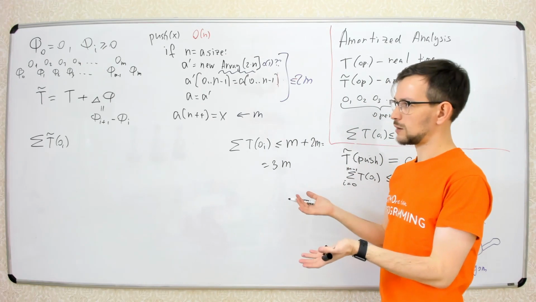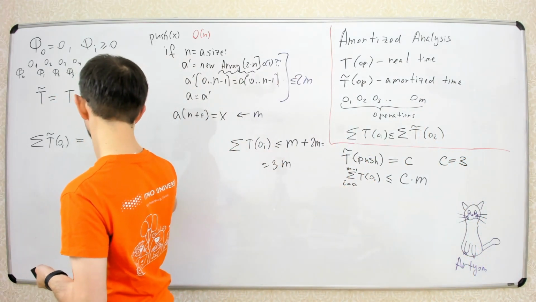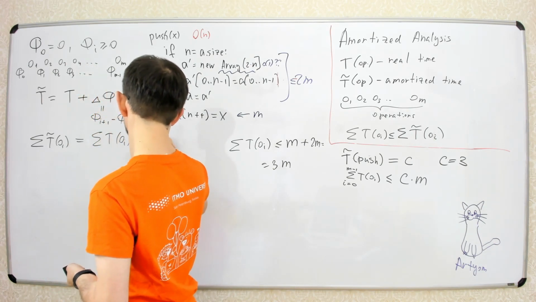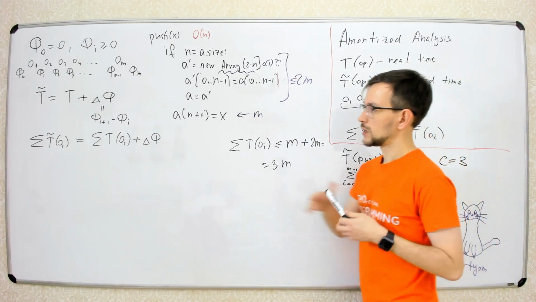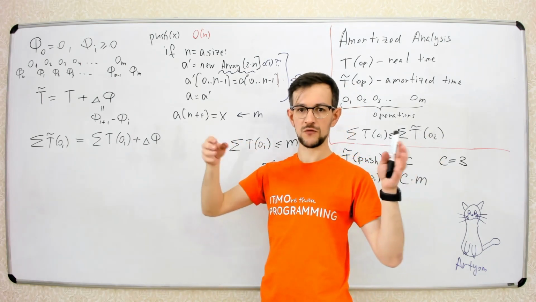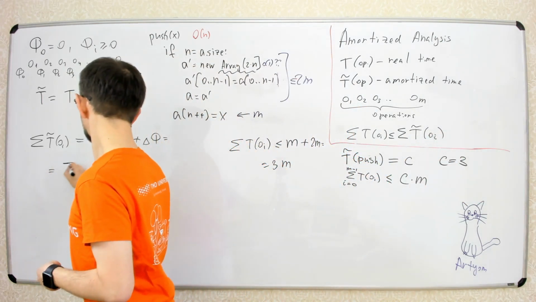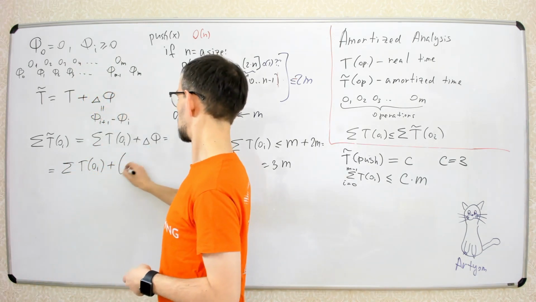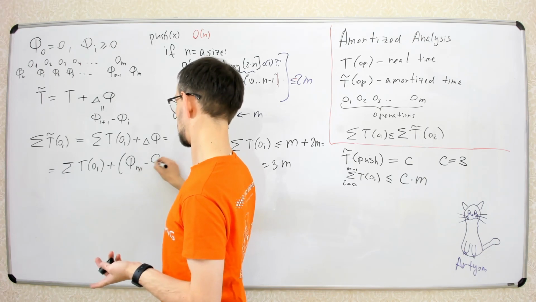This will be the sum of real costs plus the change of the potential. If you sum all changes of the potential function, you get the final change of the potential function. So this equals the sum of all real costs plus this change, phi m minus phi 0.